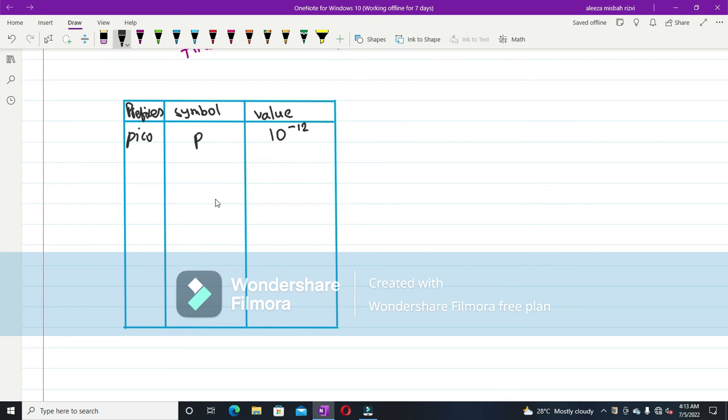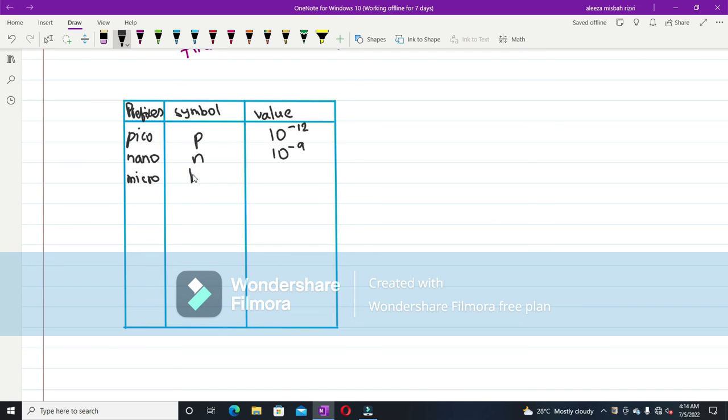Then we have Nano, and it is denoted by an N simply, and its value is 10 power minus 9. The third one is micro, and its symbol is a bit different.